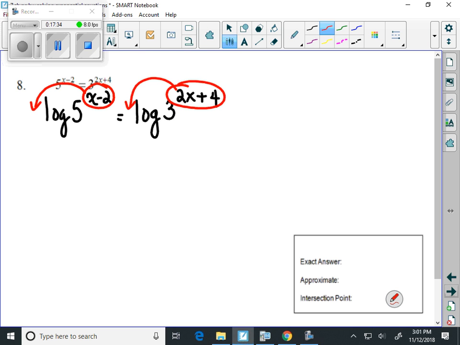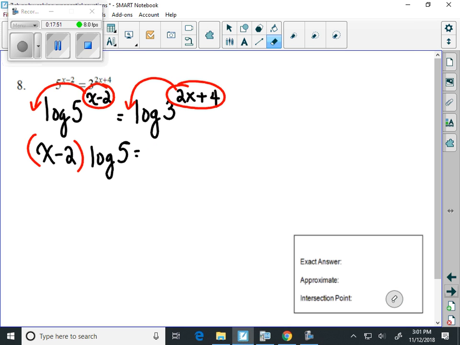Exponents out front. We have x minus 2. Again, that's the entire value. It's going to be multiplied by log of 5. And over here, 2x plus 4. I don't want to write it in red, but 2x plus 4, that entire value is going to be multiplied by log of 3.